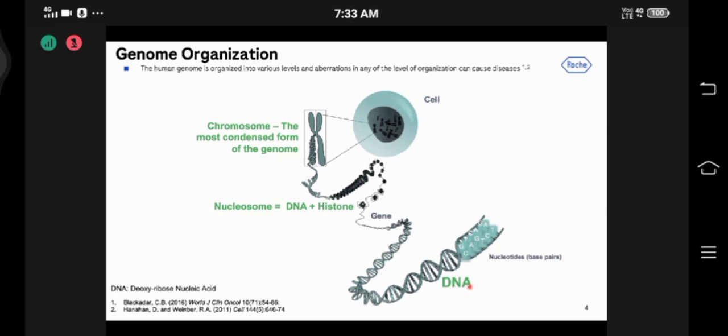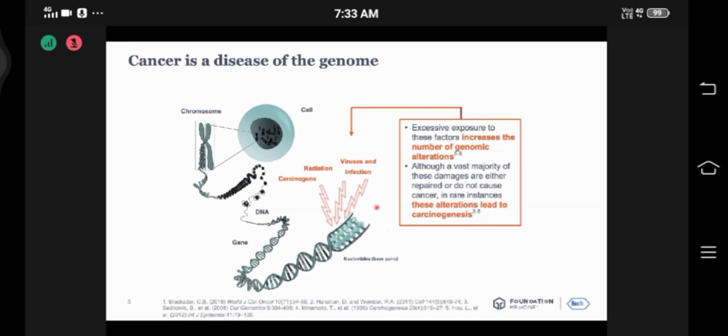How changes in this and the translation are going to affect cancer, and how identifying these changes in the genome or the proteins or the RNA is going to bring out some targets in the treatment of cancer, is going to be the essence of precision medicine. Different physical factors or different chemical factors can affect the genome, as we can see here on the slide. And this can bring alterations in the genetic sequences, which can lead to changes in what protein is translated by the RNA, or what is transcribed to go into the protein.